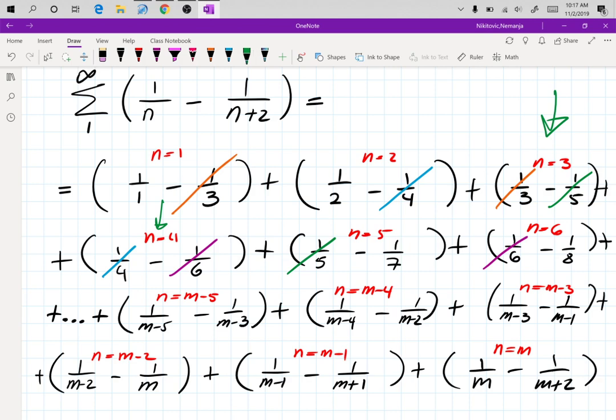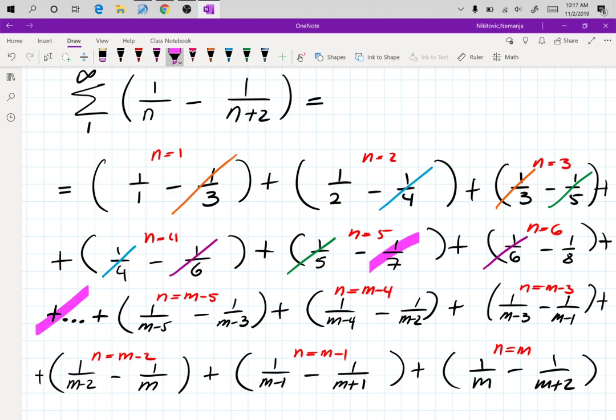That means, since I have those two, this term will cancel with a negative 1/7 in the next one. Because look at this: 1/1, 1/2, 1/3, 1/4, 1/5, 1/6.